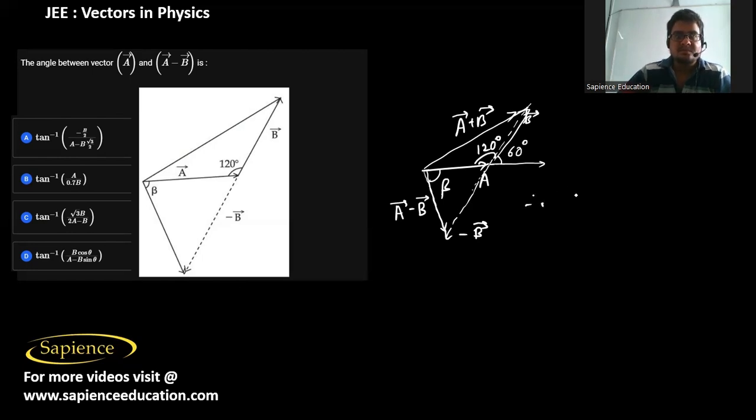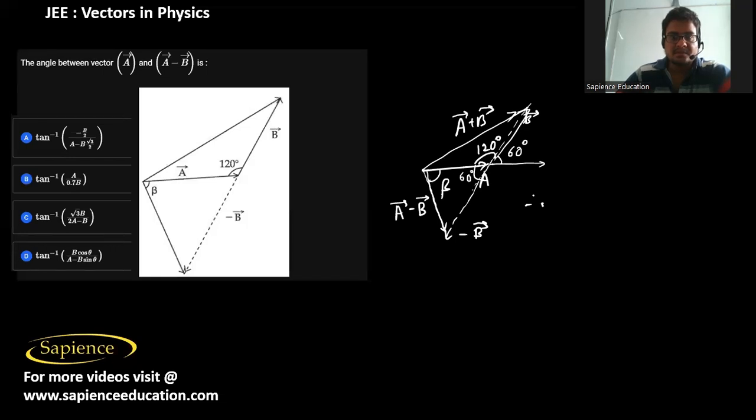Therefore, the angle beta, if you have to find it, so then this is 60 degree, then this will be also 60 degree.